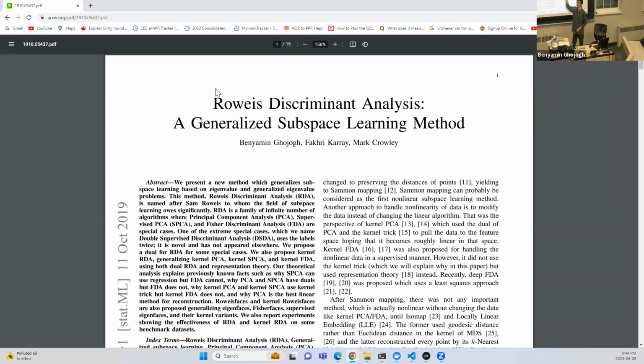Probabilistic PCA is proposed by Sam Roweis. Sam Roweis has an important paper in computer vision for removing handshake. When you are taking a photo or a movie, it removes the shaking, and this is now being implemented in the phones. Okay, Sam Roweis was a big guy, so I named my algorithm after him. Roy's discriminant analysis.